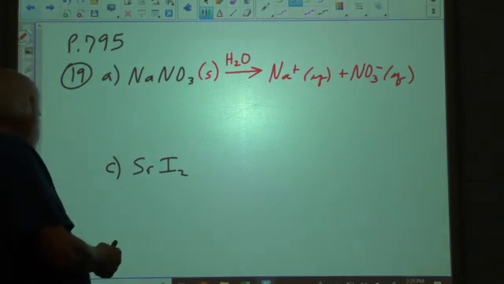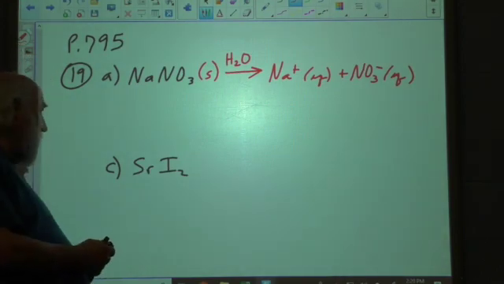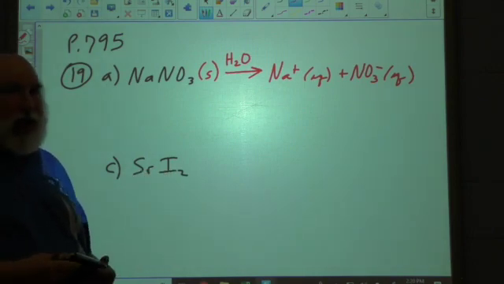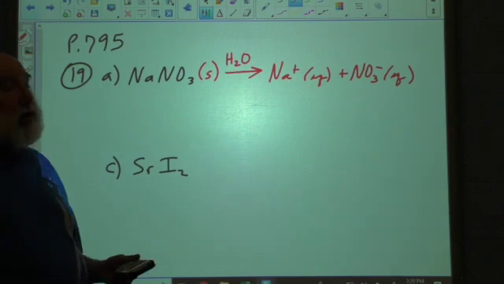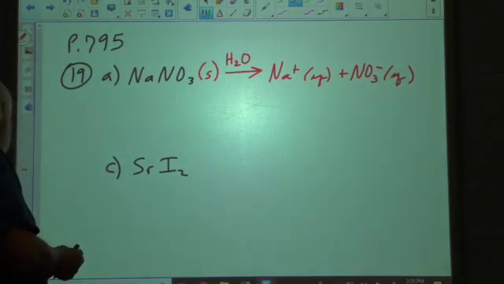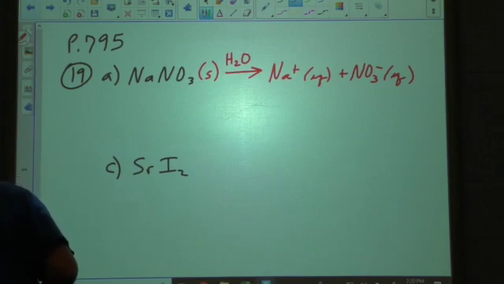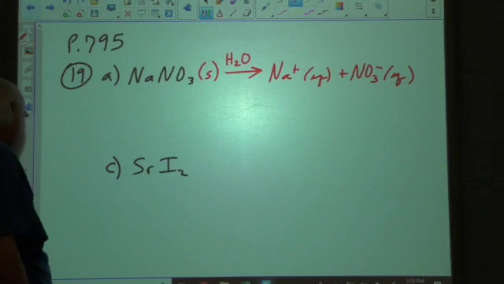Strontium iodide. Strontium is not a group 1 metal, iodine is not on the list. There's iodine oxygen family, but this is not iodine oxygen, this is just plain iodine. And you have a chart in chapter 18 that you need to use, which is on pages 772, 773.